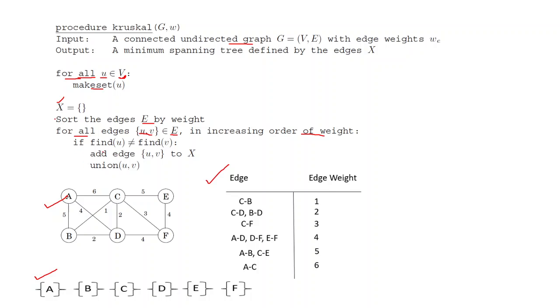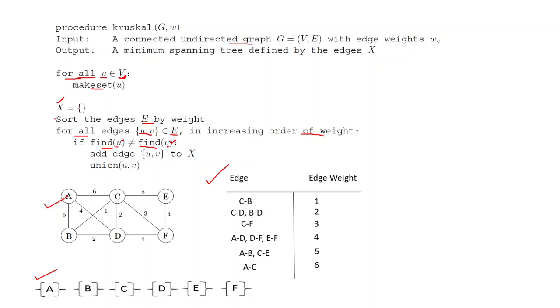If find U is not equal to find V, this means that U and V do not belong to the same set. Find U means find the set where U belongs, and find V means find the set where V belongs. You have to see that these two nodes do not belong to the same set.